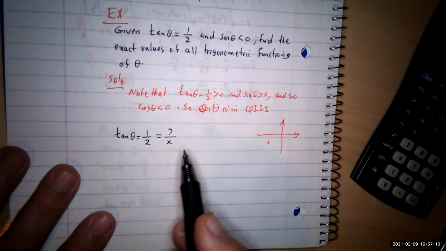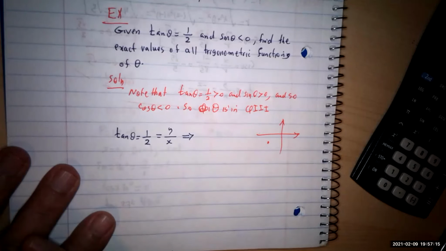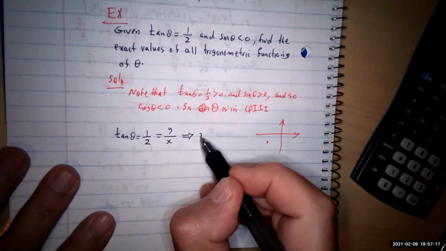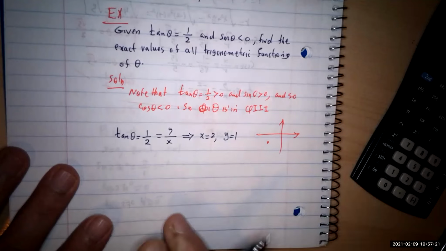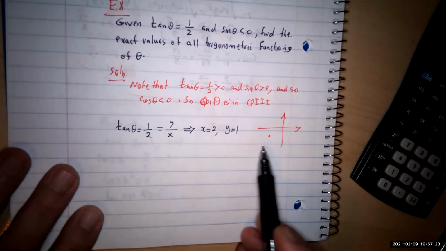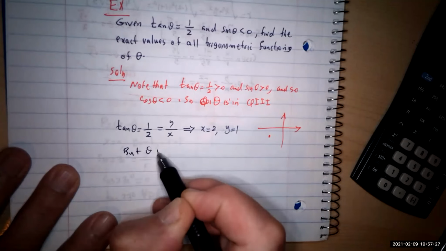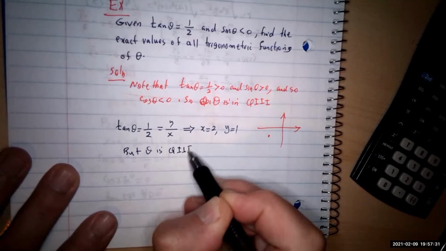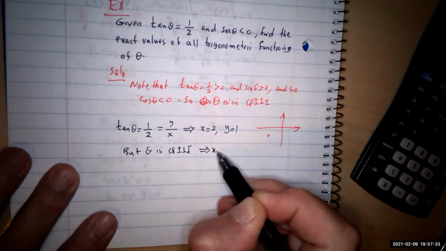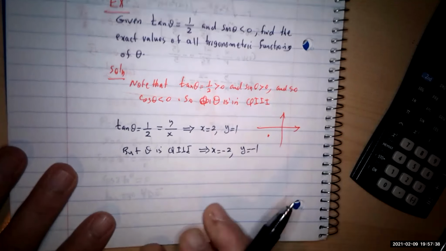There are different ways to do it. So this means your x is equal to 2 and your y is equal to 1. But theta is in the third quadrant, so this means x is negative 2 and y is negative 1.